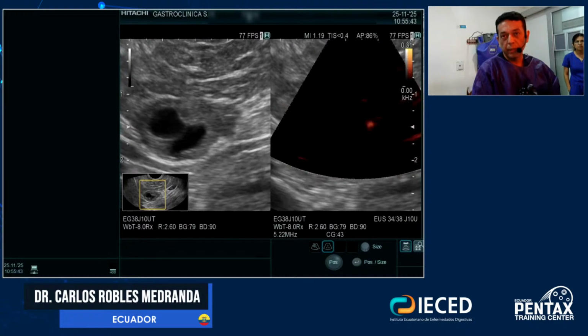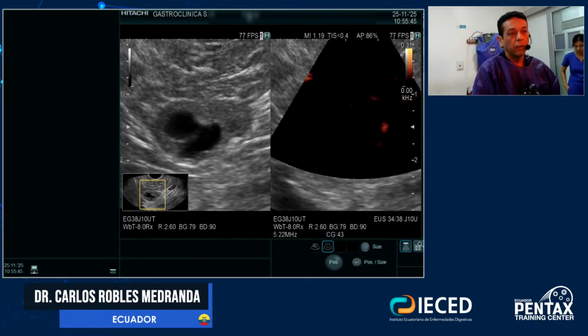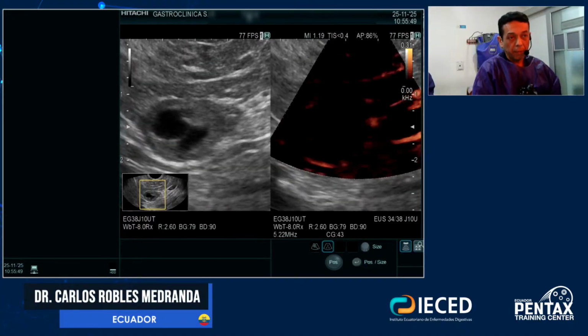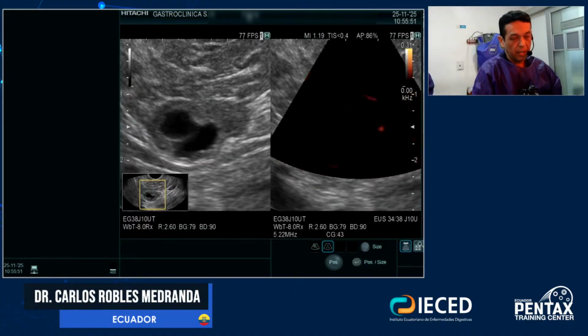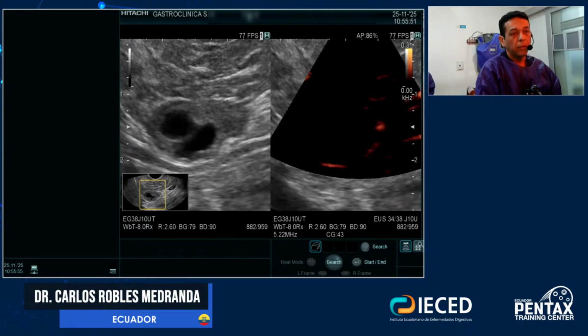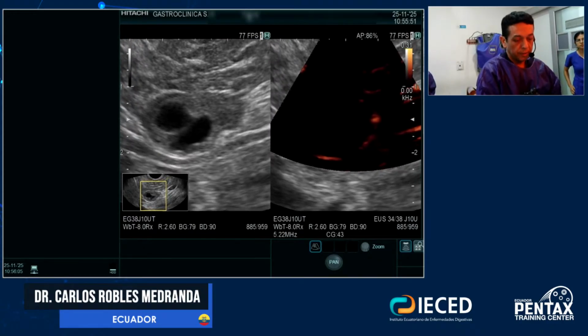I will use contrast today because I want to evaluate both. I like to have a very good evaluation of these lesions first. By DFI, I believe these lesions capture contrast, you see? So you see contrast here, contrast here, contrast here. This is microvascularization, to be honest.